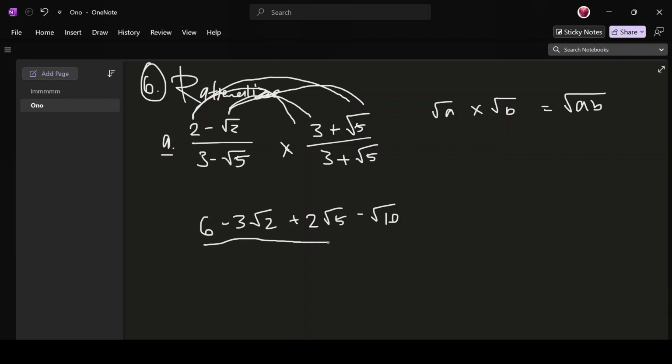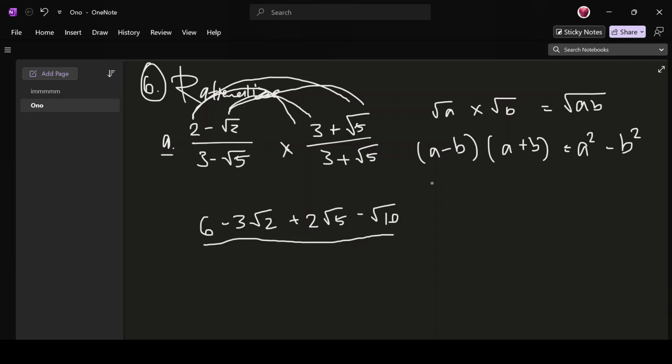Now we do the denominator. For the bottom numbers, we can actually use this algebraic identity: a minus b times a plus b is equal to a squared minus b squared. As we can see here in our case, the a is 3 and the b is square root of 5.